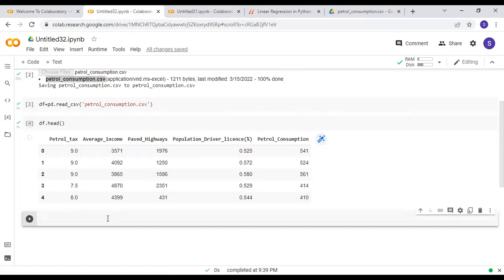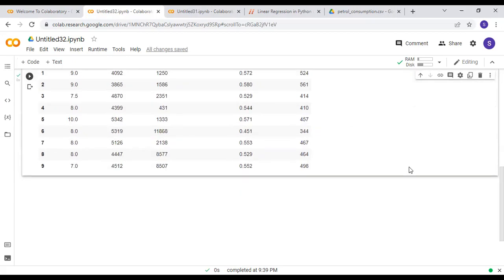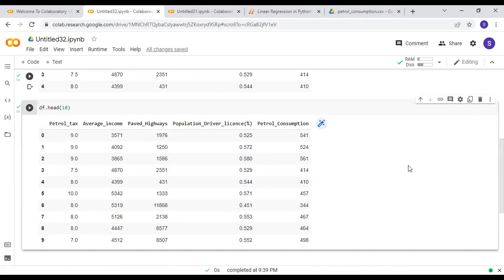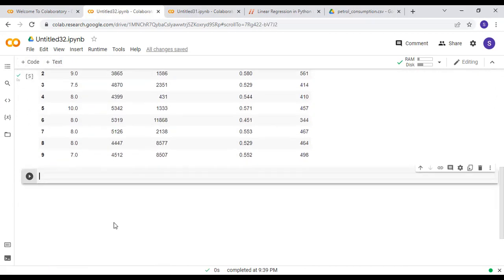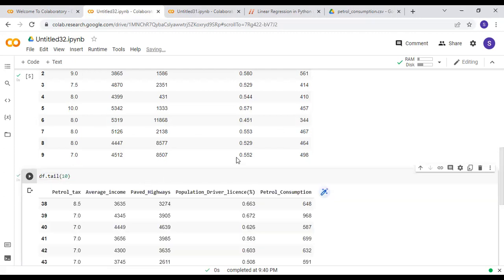Right. So df, if I want to see the first values, then we show the data present. These are basically the predicted values, and these are the target values. From that, if I want to see the last 10 values, df.tail, the last 10.